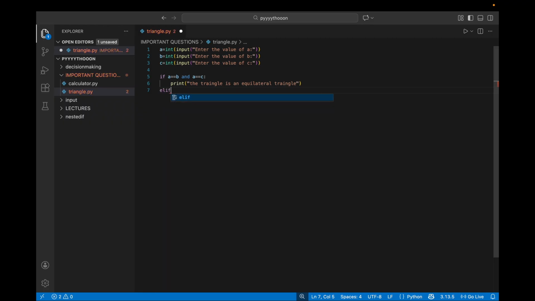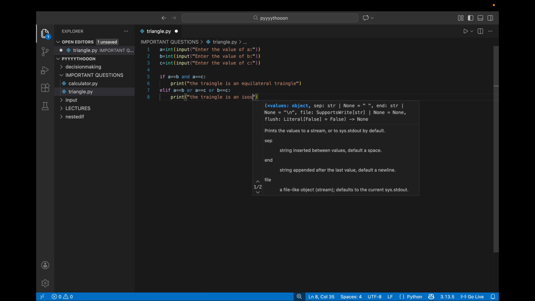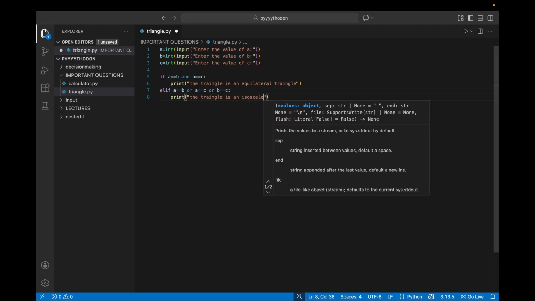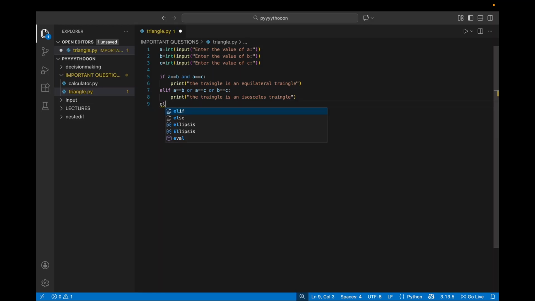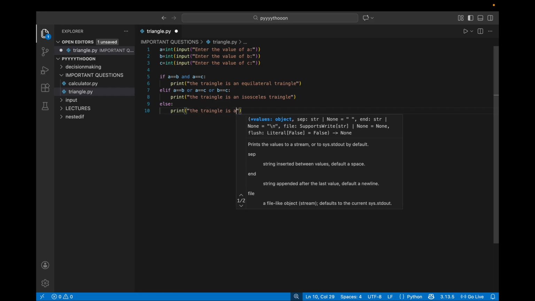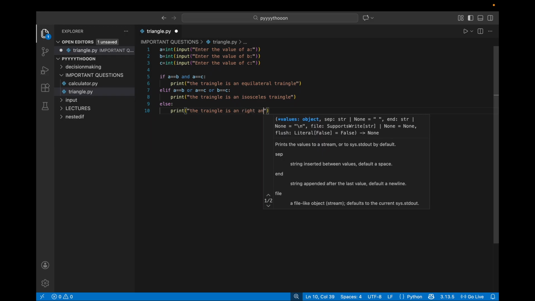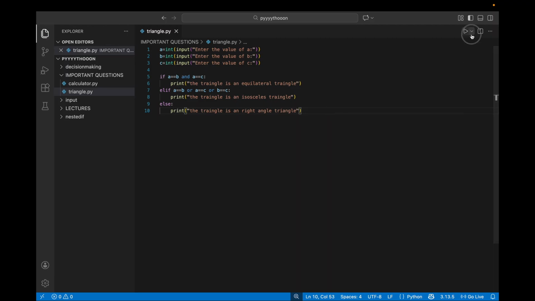Similarly, if a equal to b or a equal to c or b equal to c, print the triangle is an isosceles triangle. Else print the triangle is a right angle triangle.